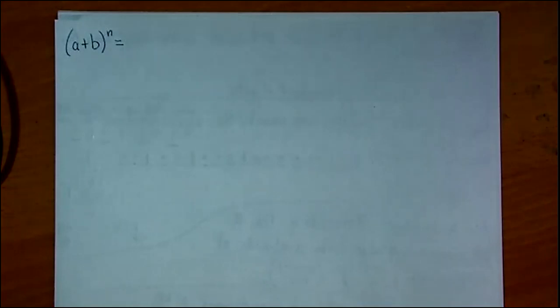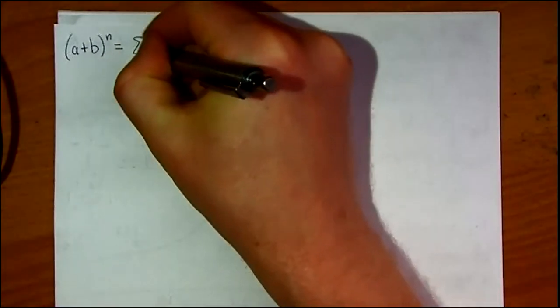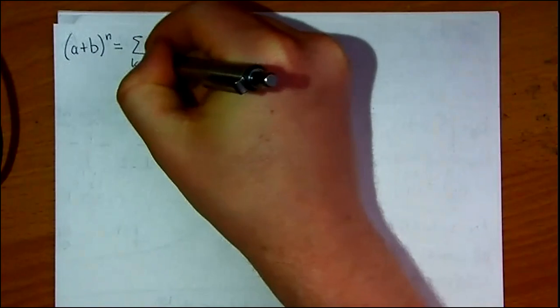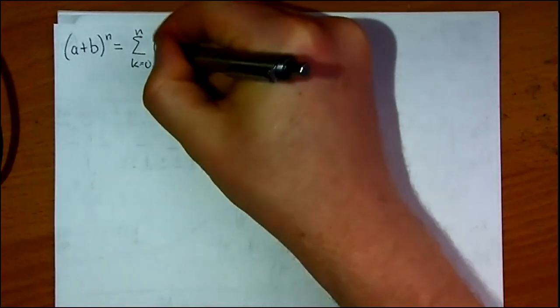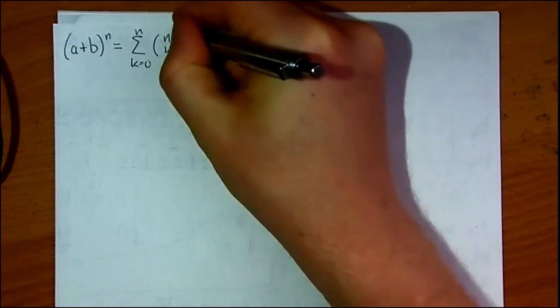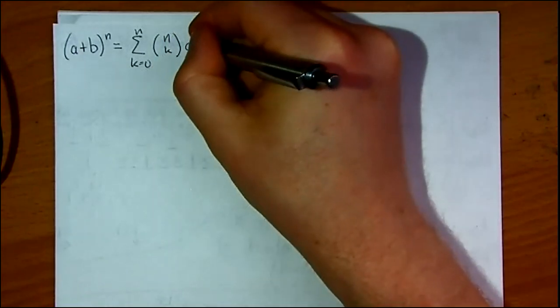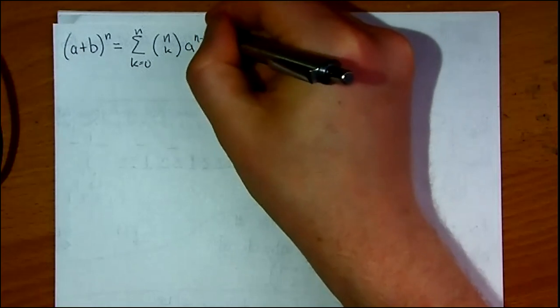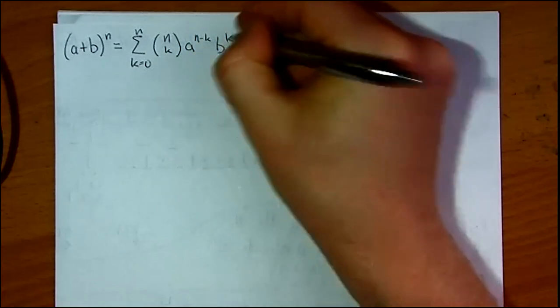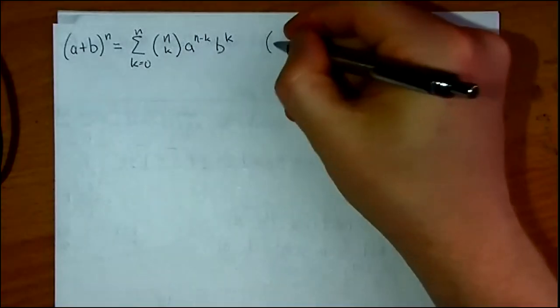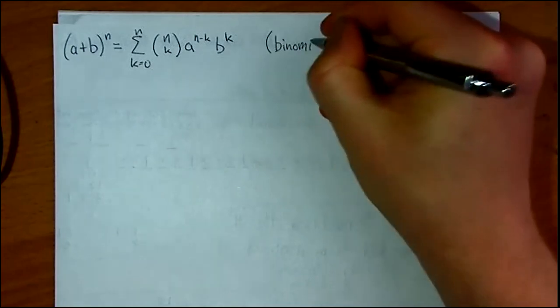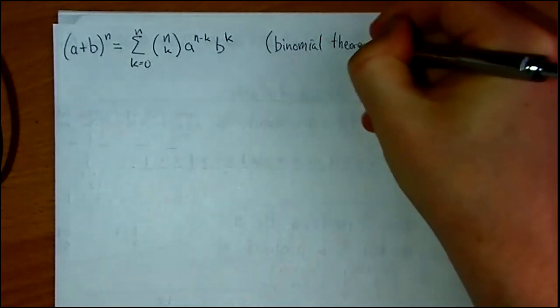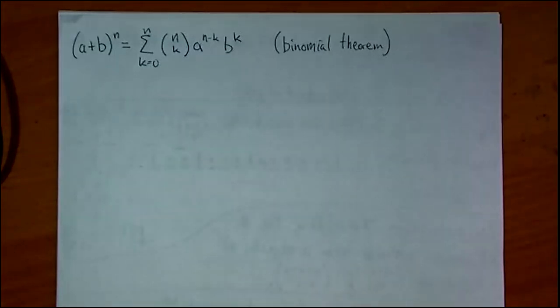For binomial expansion, we've got A plus B to the n is the sum from k equals 0 to n of n choose k times a to the n minus k times b to the k. And this is the binomial theorem.